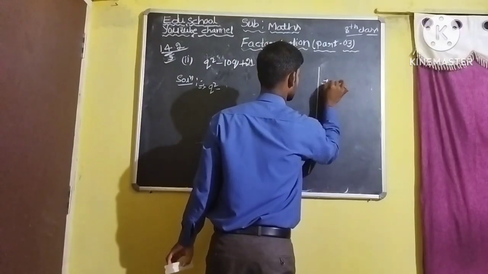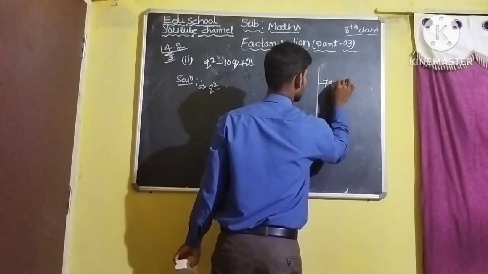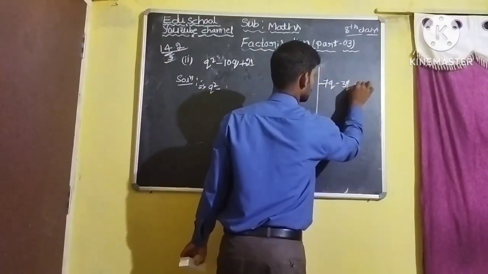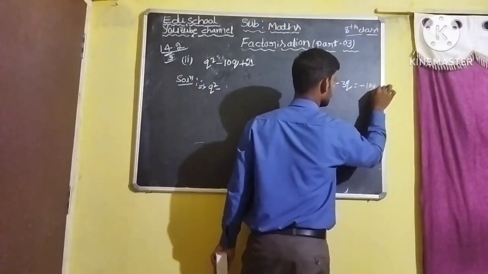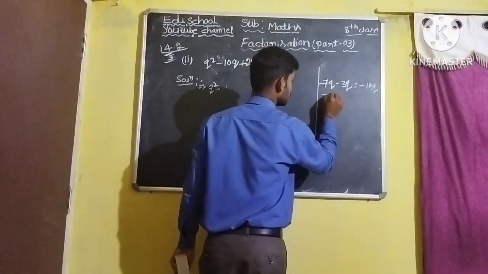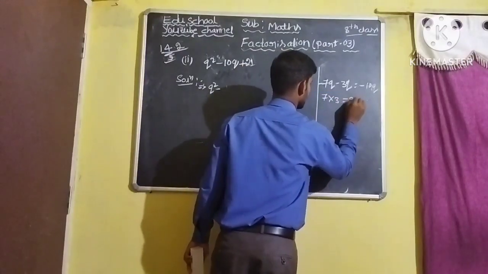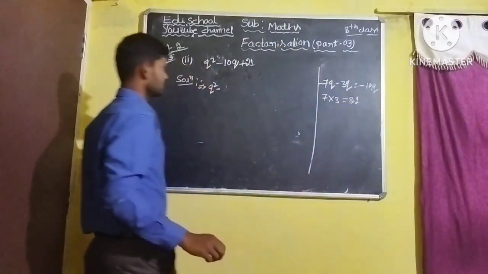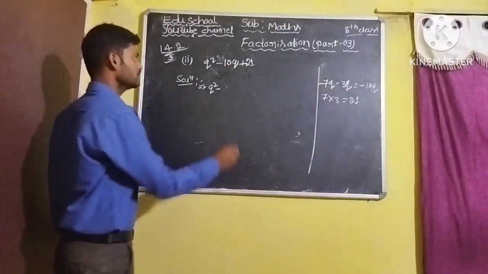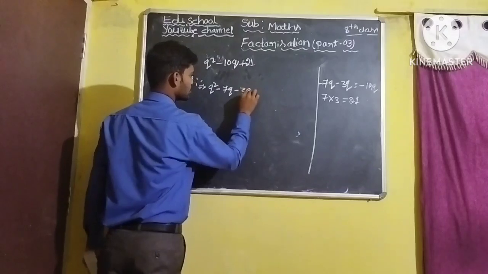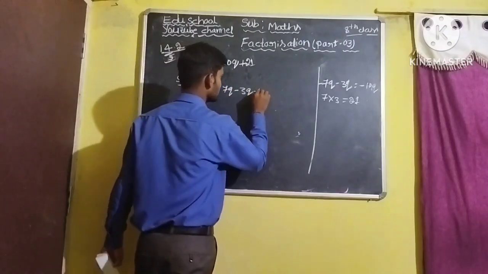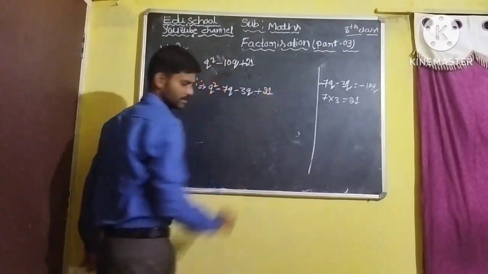So I can take this minus 7q minus 3q. So the answer will be minus 10q. And also 7 into 3, 21 is coming. So that's why in the place of 10q I can write minus 7q minus 3q plus 21. 21 I can write simply.